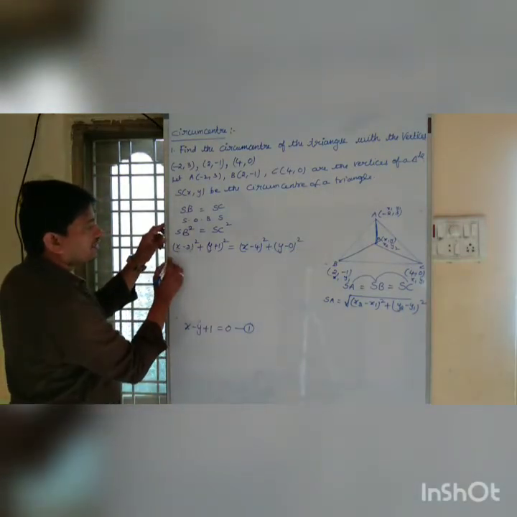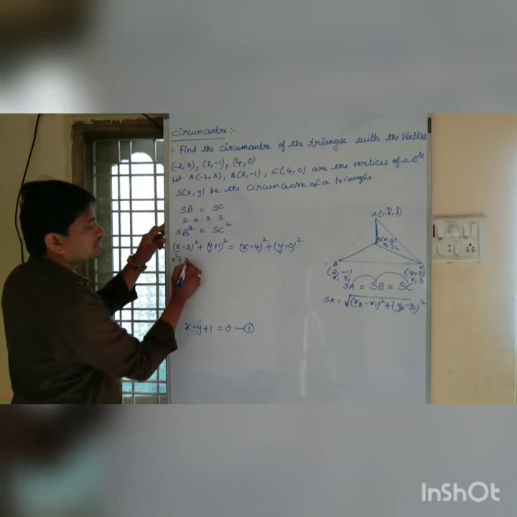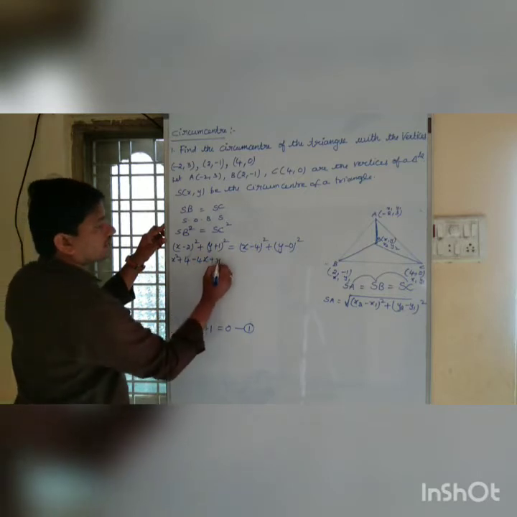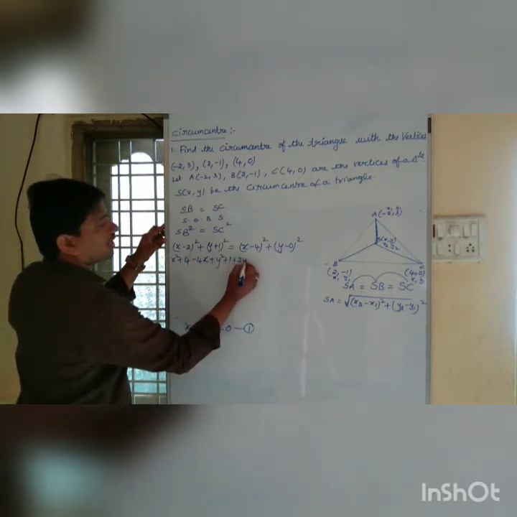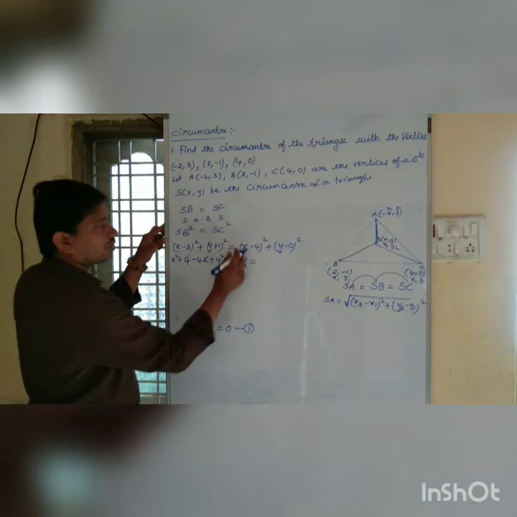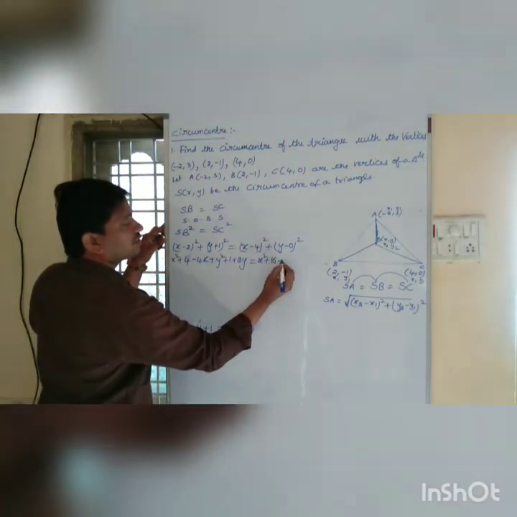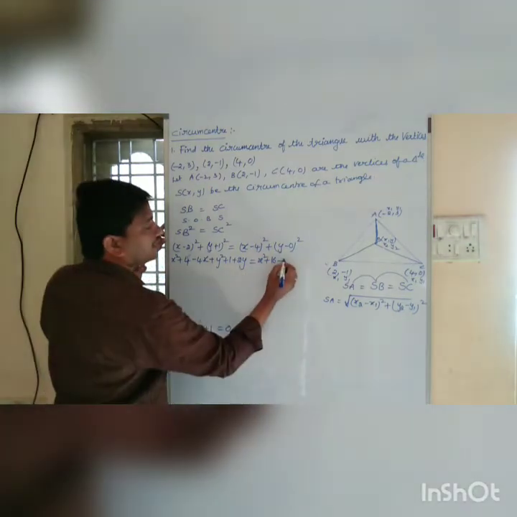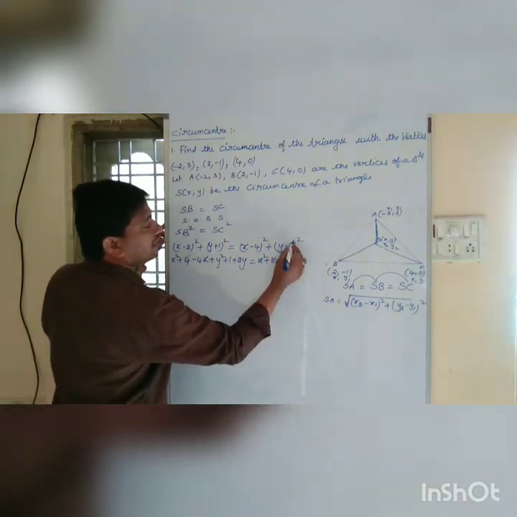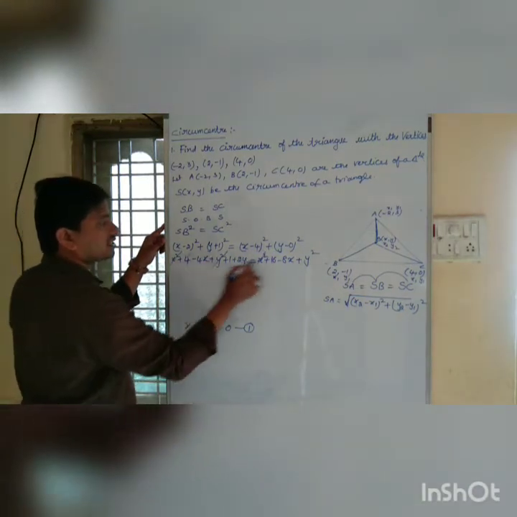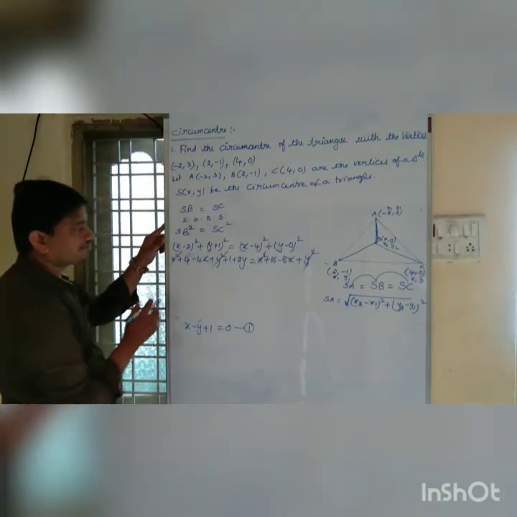Using (a minus b) whole square, a square plus b square: 2 square value 4 minus 2 into 2x, 4x, y square plus 1 plus 2y is equal to, (a minus b) whole square, a square plus b square, 4 square value 16 minus 2 into x into 4, 8x, y minus 0 y square. x square, y square gets cancelled.